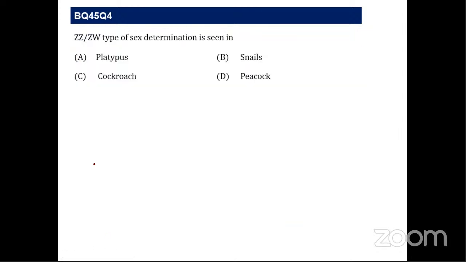Next question. ZZ-ZW type of sex determination is seen in. All right.